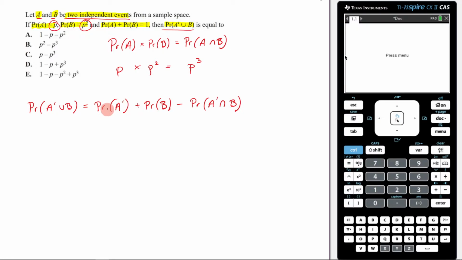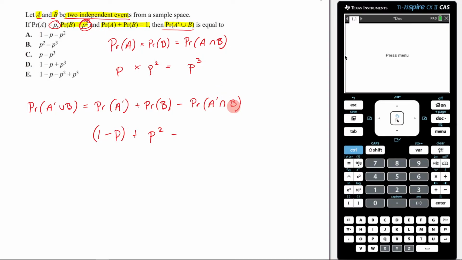Do we know what the probability of A complement is? We do, because if the probability of A is P, then the complement of that will just be 1 minus P. Do I know what the probability of B is? Yes, it's P squared. That's told. Now, do I know what the probability of A complement intersection B is?